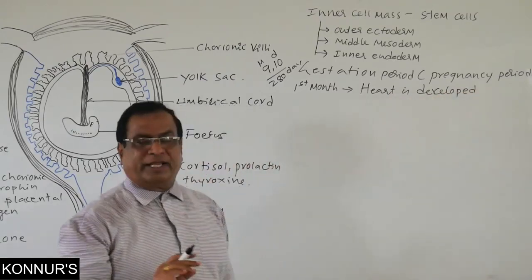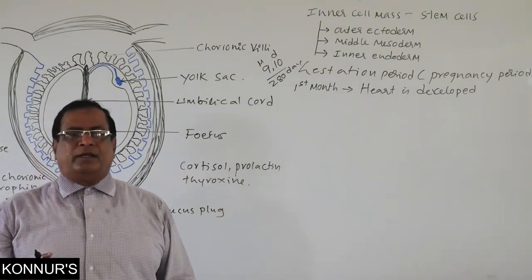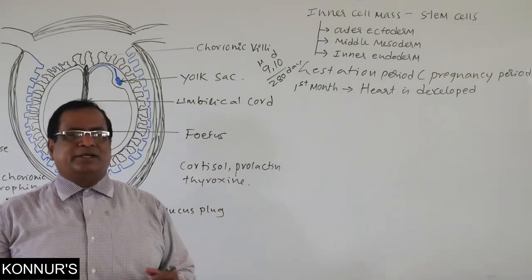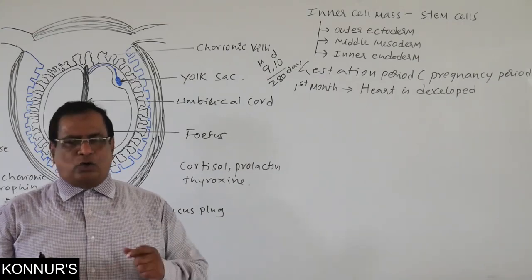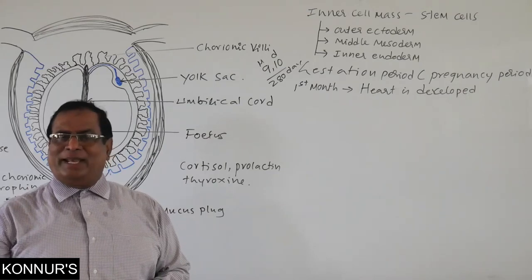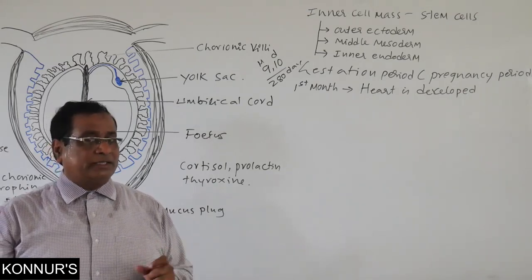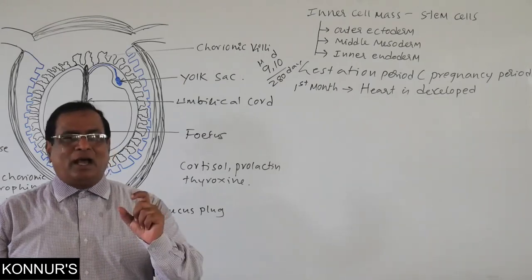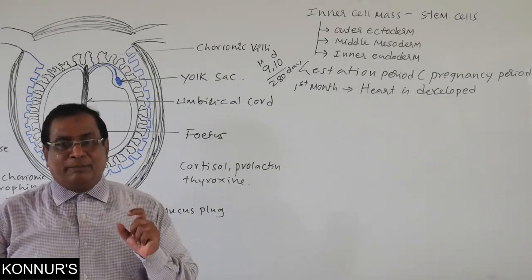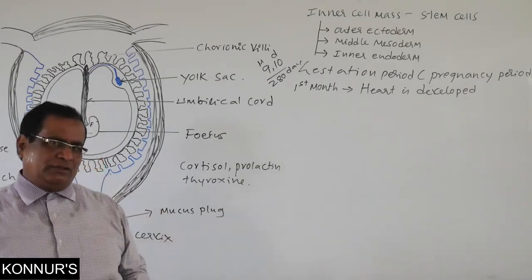In the first month of the gestation period, the heart is developed. When a woman consults the doctor, the doctor places a stethoscope on her belly and hears a mild heartbeat of the embryo, the fetus. That is the indication.